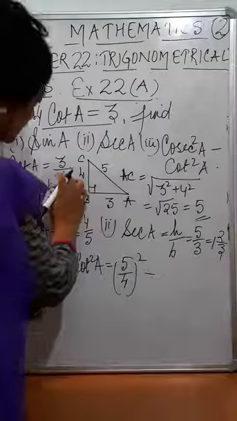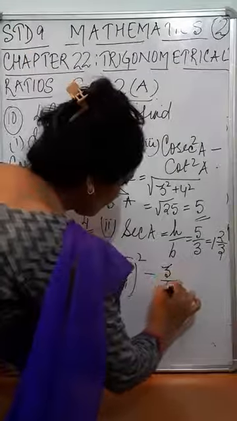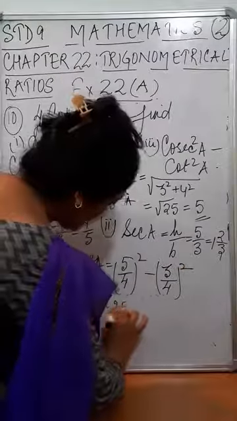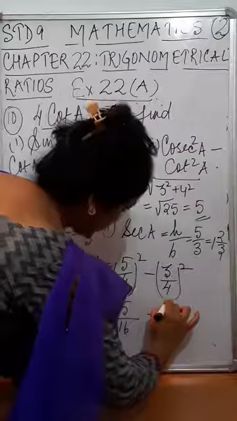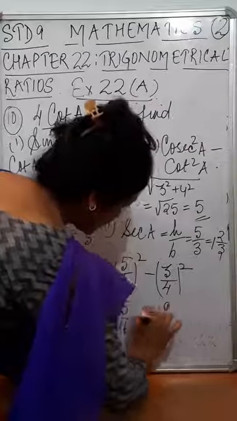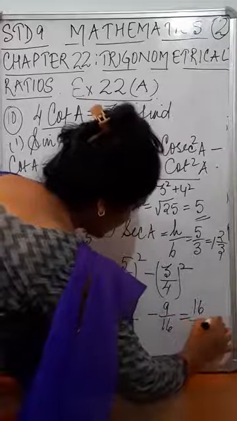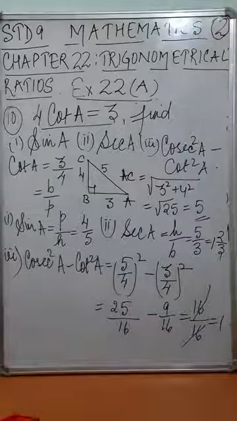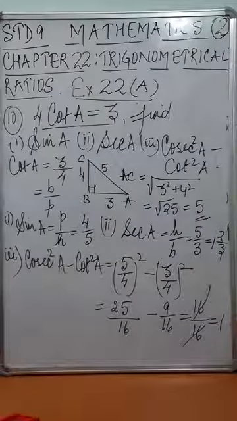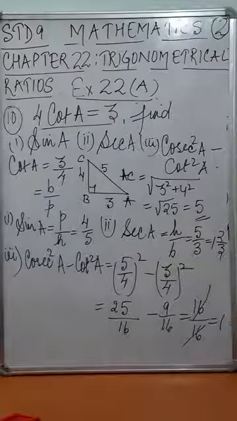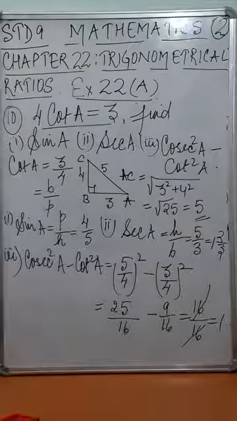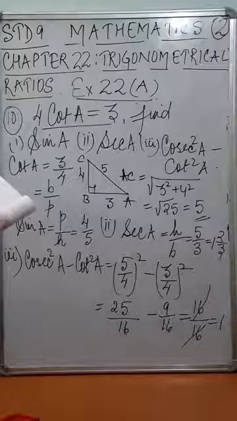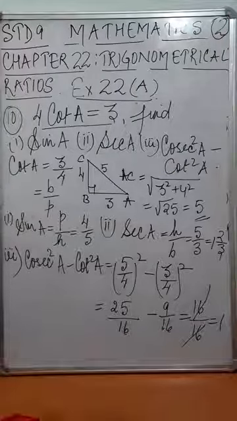So I'll use this directly, 3 by 4 whole square, which is equal to 25 by 16 minus 9 by 16, which is 16 by 16 or 1, right? So this is the third part in this. And this is how you have to work out up to question number 13, 7 to 13, all of the same type. Alright?